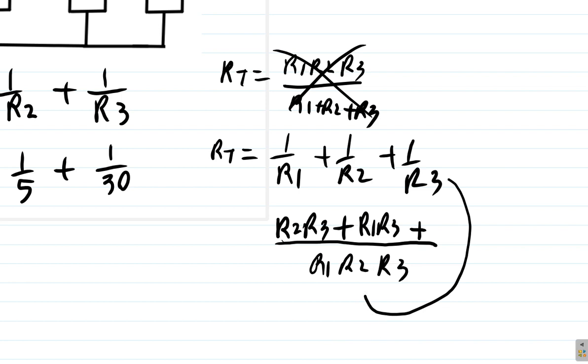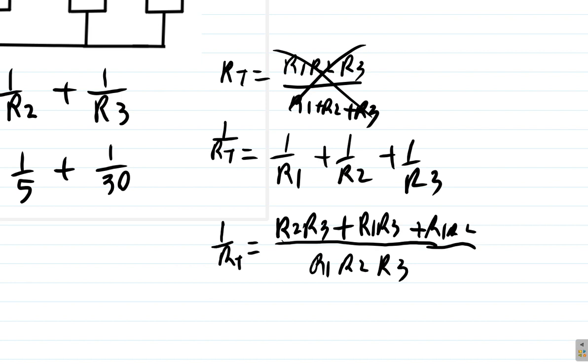So when you multiply the R1, R2 by the 1 up here, you get plus R1, R2. And then, oh, this was 1 over RT. When you say that this is 1 over RT equals all of this, you find the reciprocal of both sides, where you put numerator as denominator and denominator as numerator.